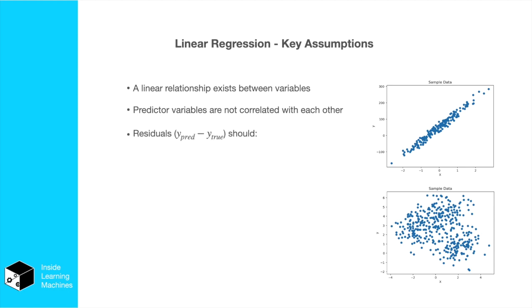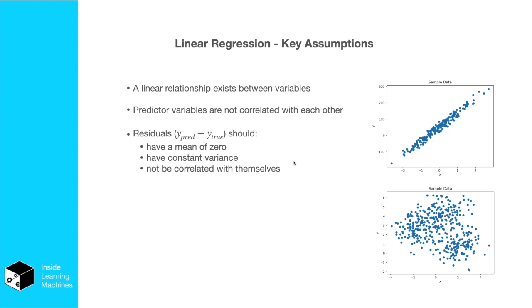Now, the remaining assumptions that we're going to have here are all oriented around the residuals. So the residuals are the difference between a linear fit to the data and the true values of our target. And these consist of, the residuals should have a mean of 0, should have a constant variance, and they should not be correlated with themselves.